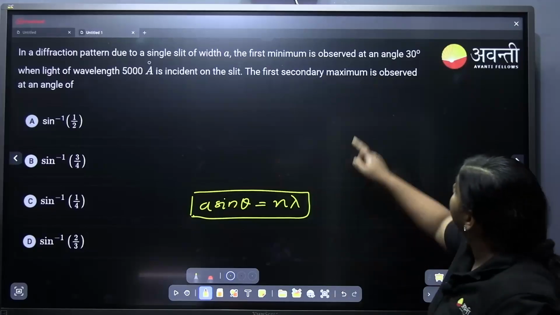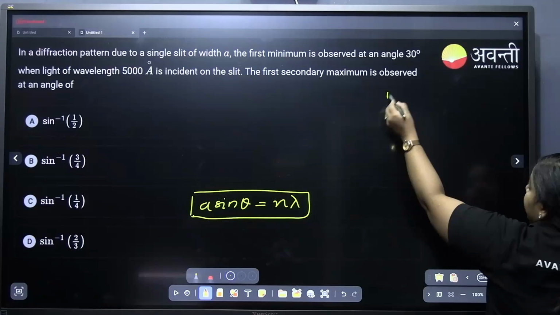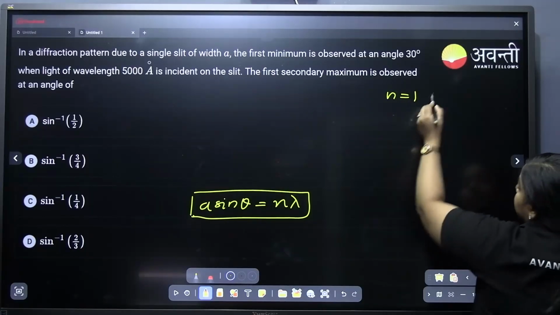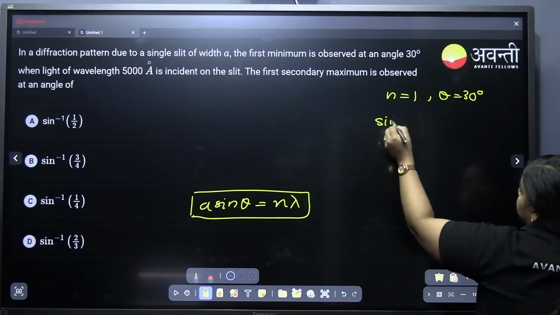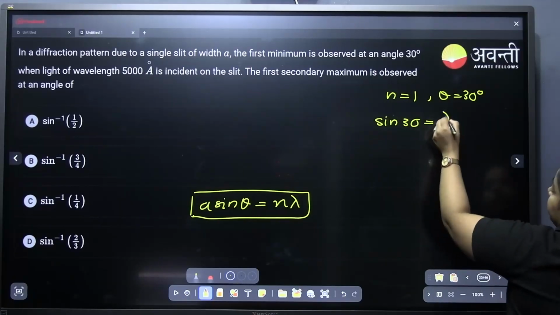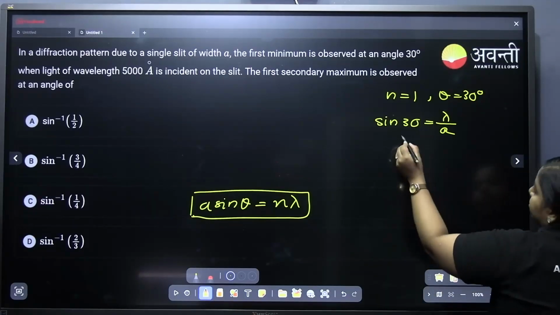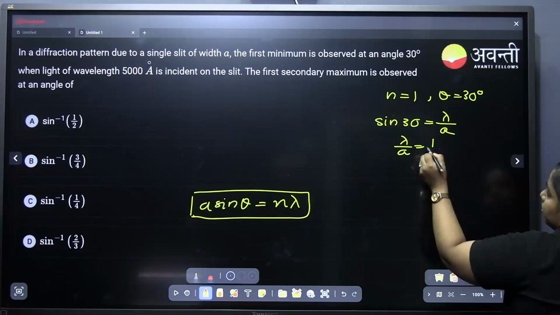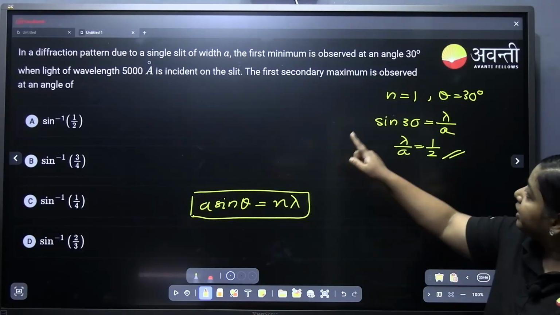Now they are saying first minimum at angle 30 degrees. So when n equal to 1, theta equal to 30 degrees. So sin 30 is equal to lambda by a. Sin 30 equal to 1 by 2, so lambda by a equal to 1 by 2.